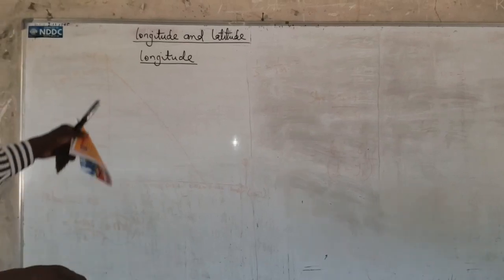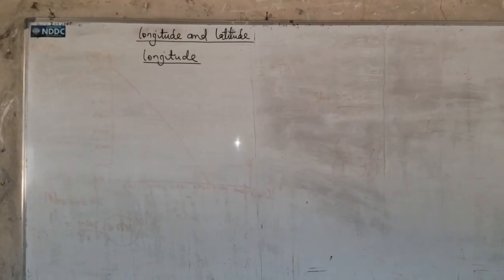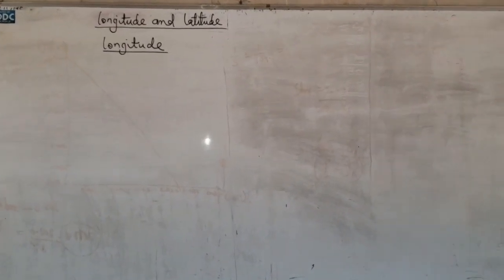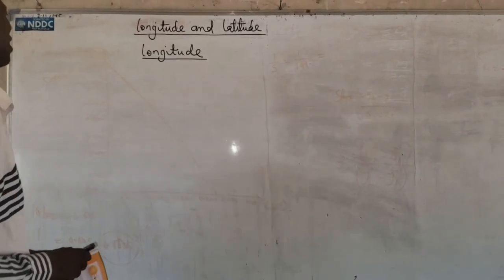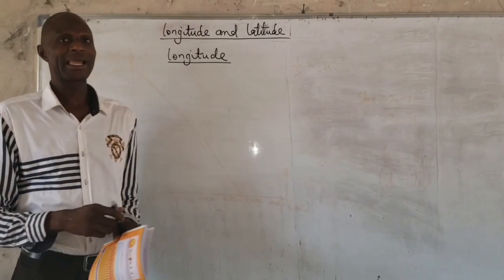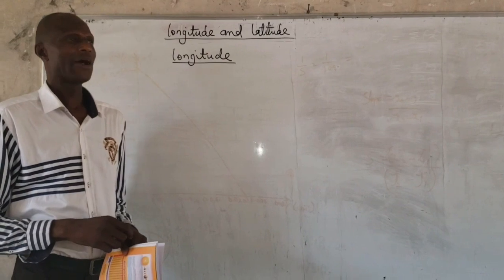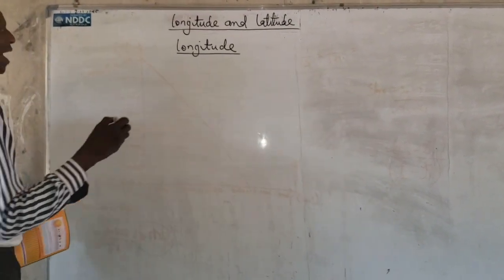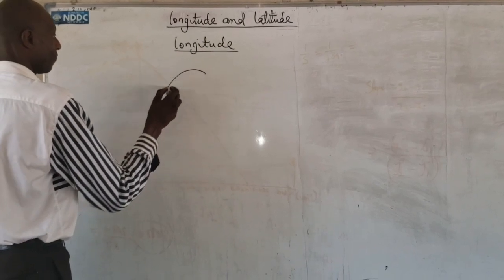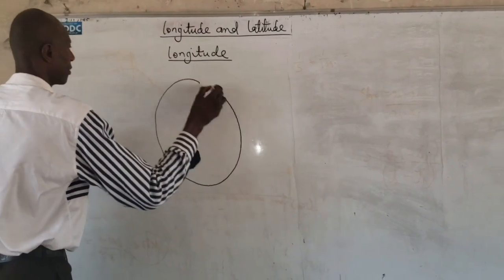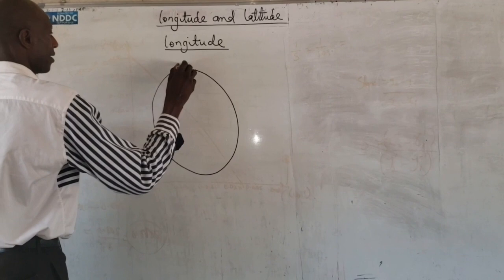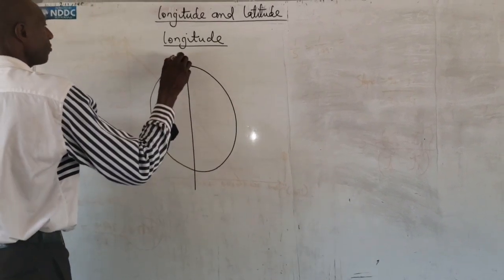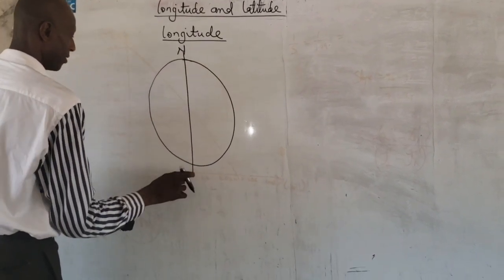So let's talk about longitude and latitude. Now, what are longitude? These are imaginary lines that run from the North Pole to the South Pole of the Earth. Let us make it like this. This is the Earth, and here is the North Pole. Here is the South Pole.